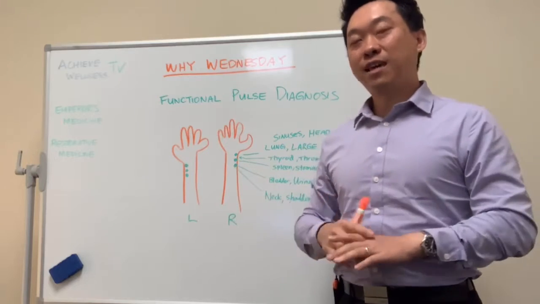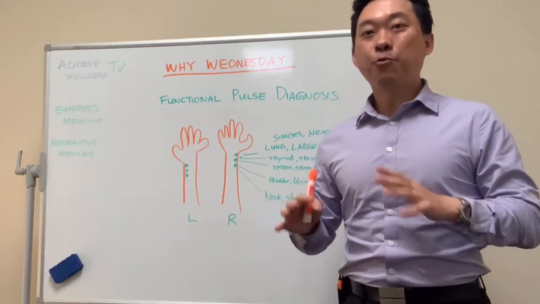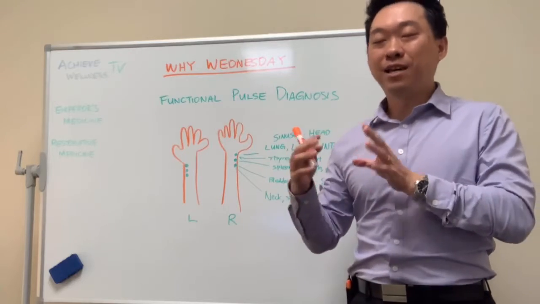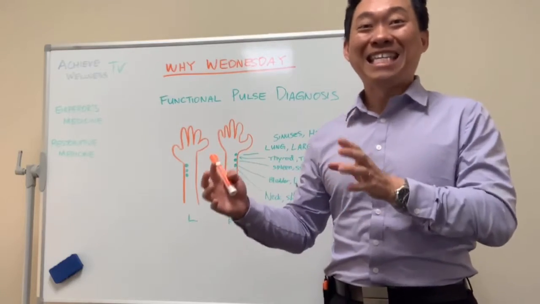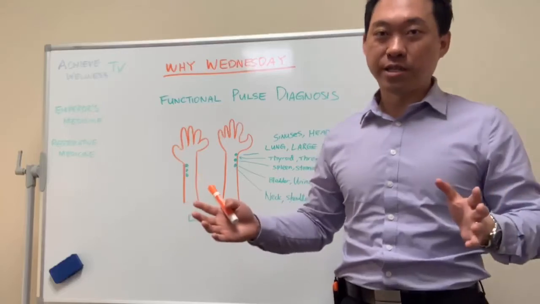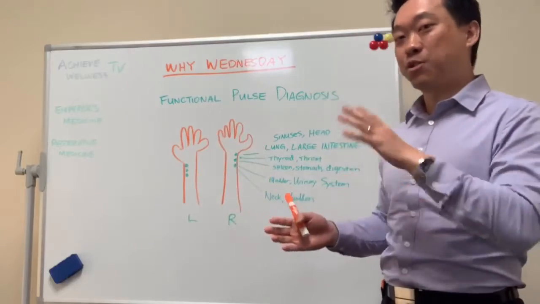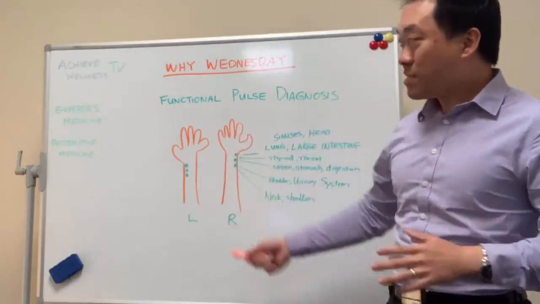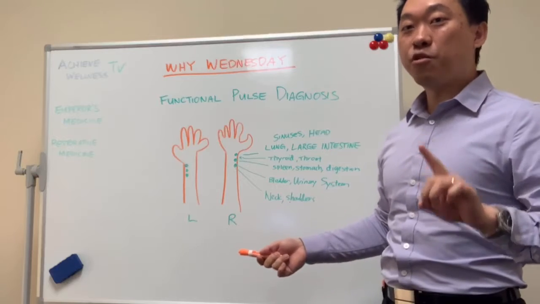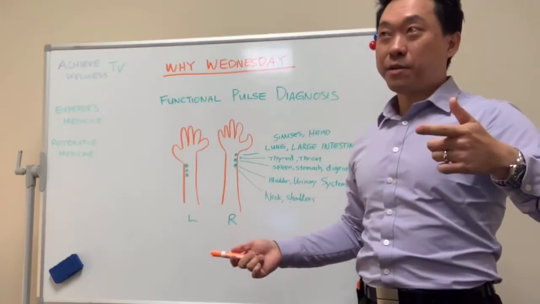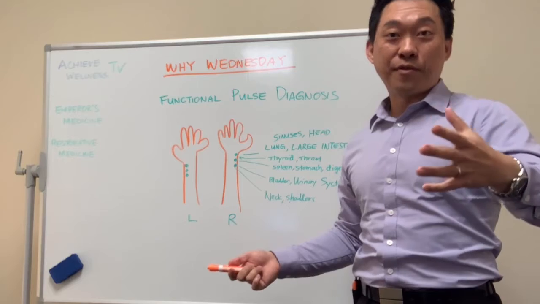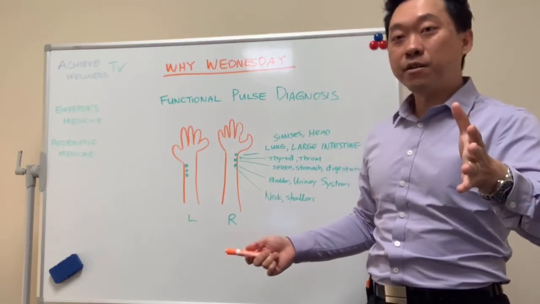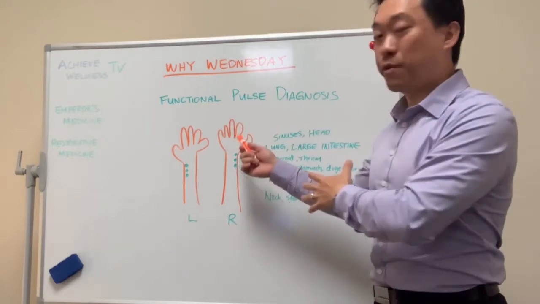What we do, I will say a caveat to this. What we do at Achieve Integrative Health in our initial exam is not common for acupuncture clinics. That's why I'm going step by step through what we're doing. This is the main diagnostic tool that we use. I think Monday I talked about how we use infrared thermography. We use infrared thermography to also confirm what we feel in the pulse.